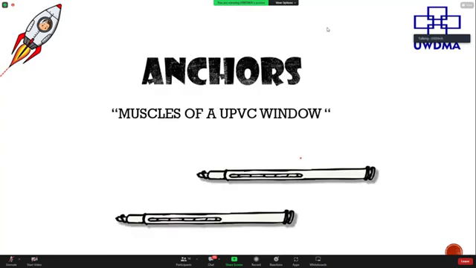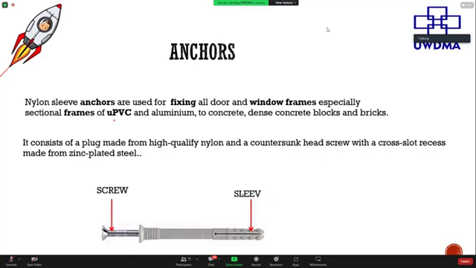Now let's come to anchors. What are anchors? Anchors are the part which are being used to fix the window into the wall. So this is the structure of anchor. There is a nylon sleeve, this plastic sleeve as you can see.